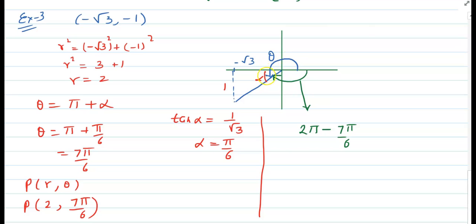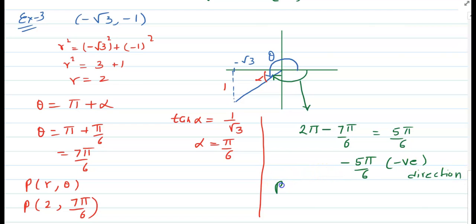Why? Because this full angle is 7 pi over 6. So what about this angle? 2 pi minus 7 pi over 6. So it will be 12 pi minus 7 pi, that is 5 pi over 6. Because we are going in the negative direction, we need to put a minus sign here, minus 5 pi over 6.